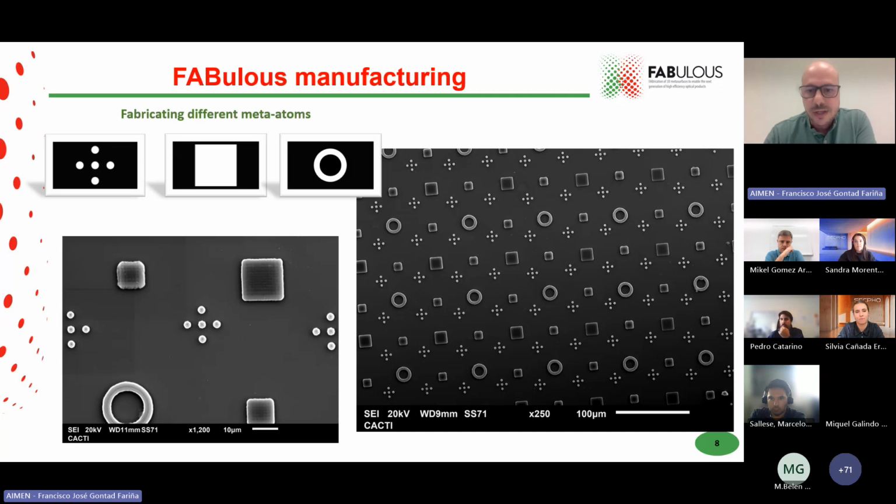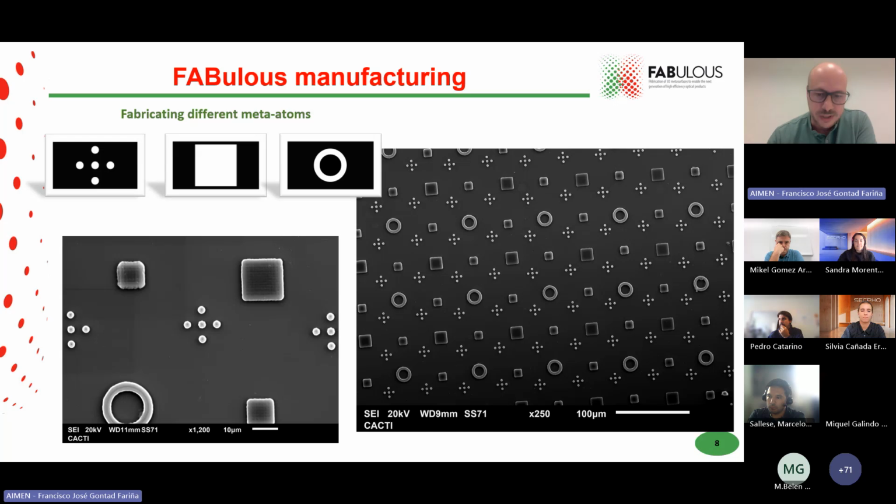We can fabricate these kinds of structures on large areas with a very good repeatability, as we can observe here in these scanning electron microscope images on the right side, where we have been able to project at the same time each of the annular structures, each of the square structures with different sizes, and the cylindrical structures with an average of 5 spots, one close to each other, with a similar size along the whole surface of the structure.